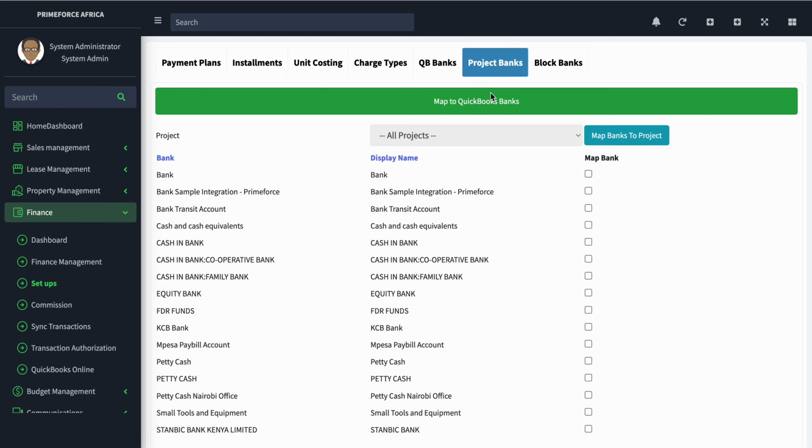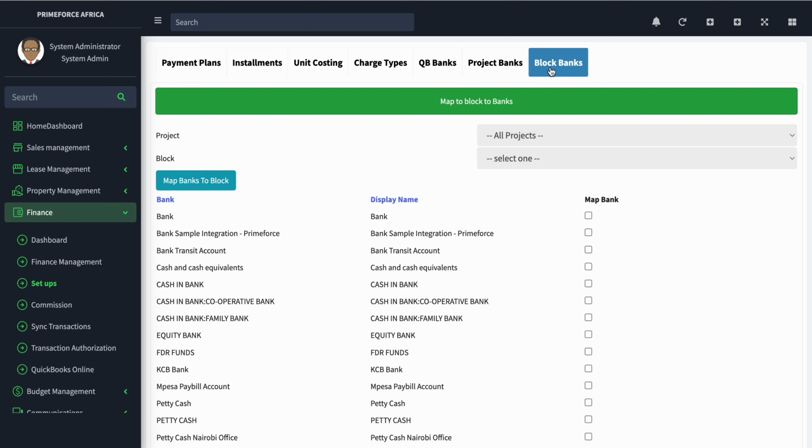You're also able to tag a bank to a project so that then you have internal controls to determine which collection bank is applicable to which project. You can also block out a bank for the purposes of it no longer being used at the purpose of collection and receipting.